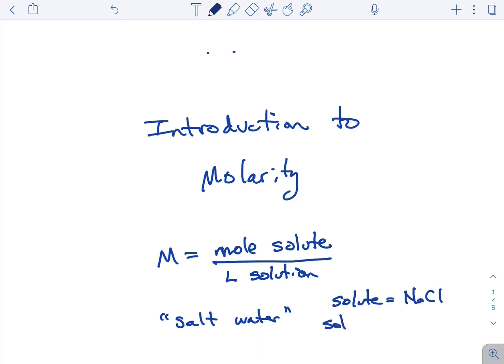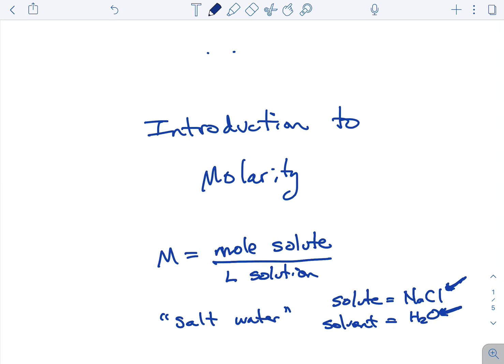The solvent is water, all right? The thing in the greater amount is the solvent. The thing in the lesser amount is the solute. We normally think of dissolving solute in solvent. And then all together, that makes a solution, which is the combined mixture of the two.